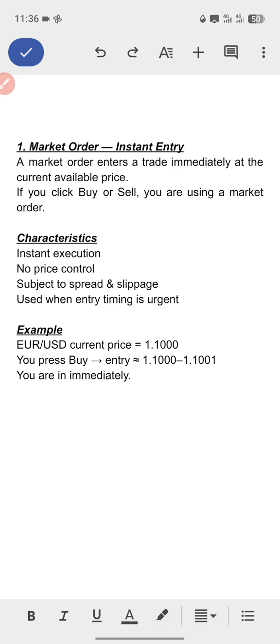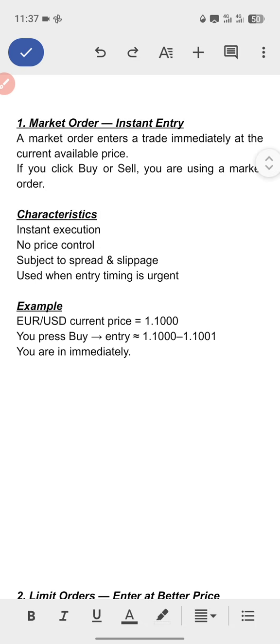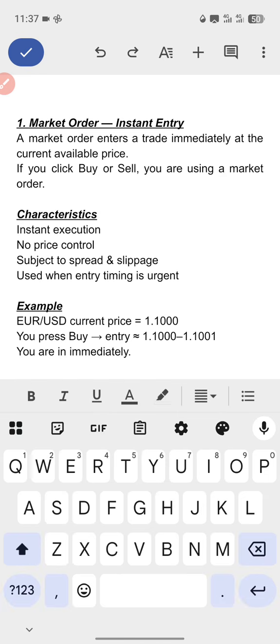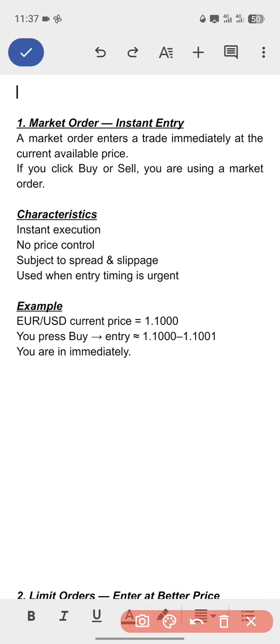That is what we call market execution, regardless of the price. These are the characteristics: no price control, subject to spread and slippage, used when entry timing is urgent. We use it when we want to enter a trade urgently.